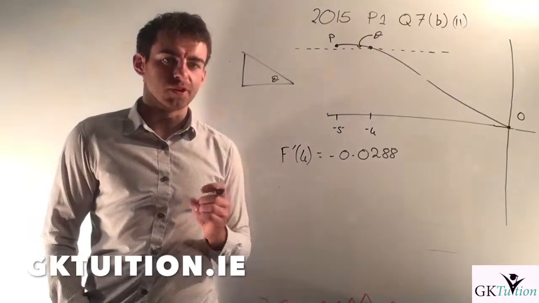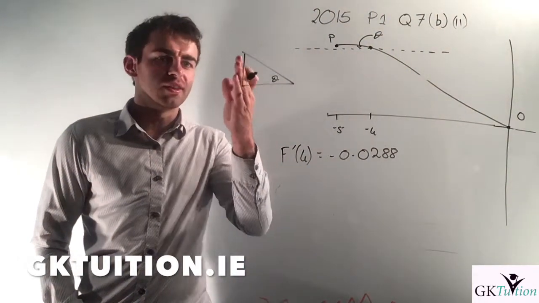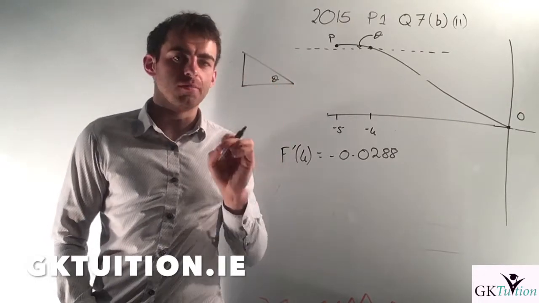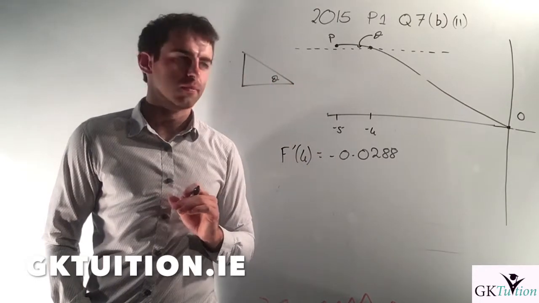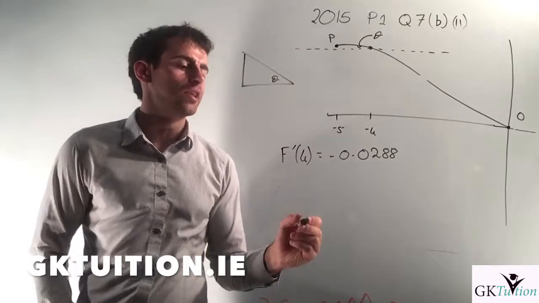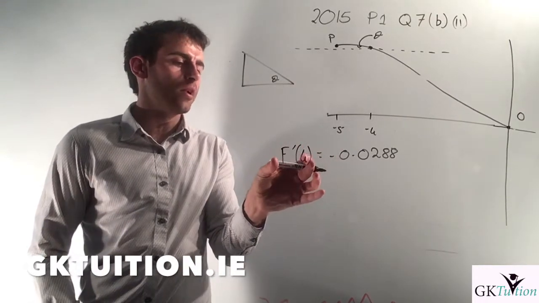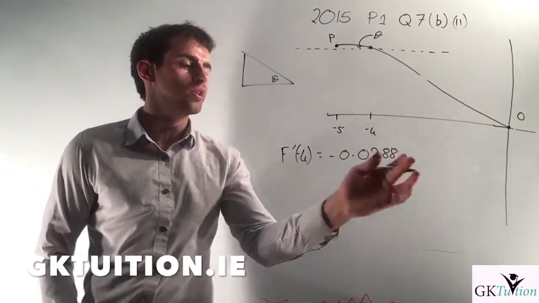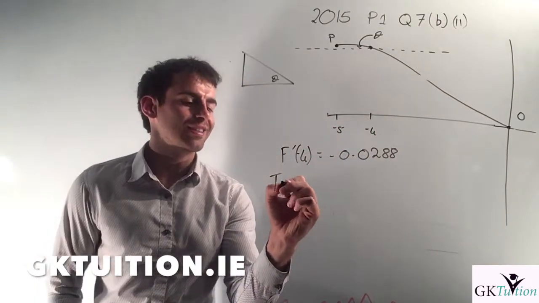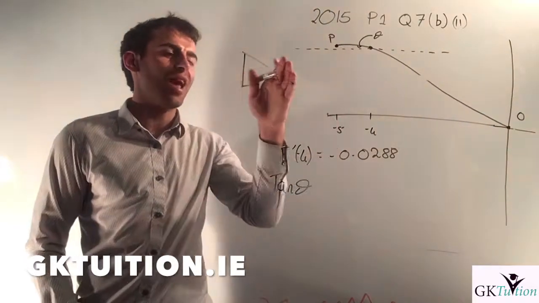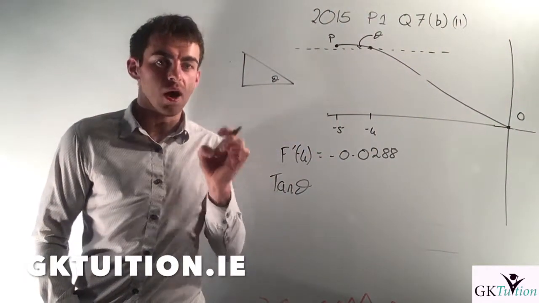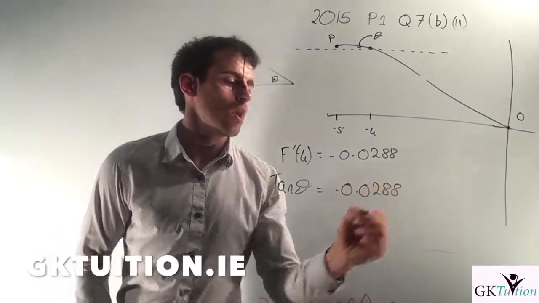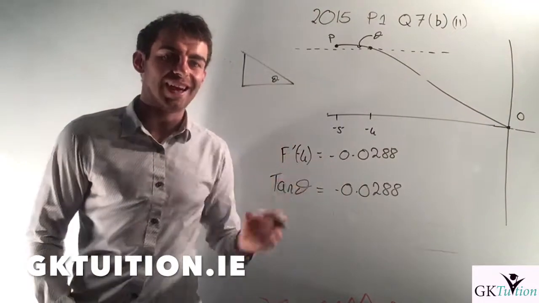So when you get your first derivative, not only are you getting the slope, you're also getting tan of the angle that the function makes with the horizontal line. If the derivative when x is minus 4 is minus 0.0288, then the tan of the angle the function makes with the horizontal line is minus 0.0288.